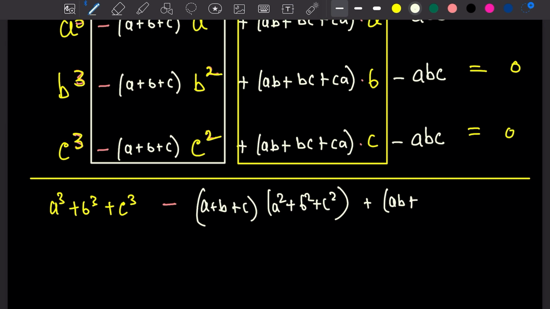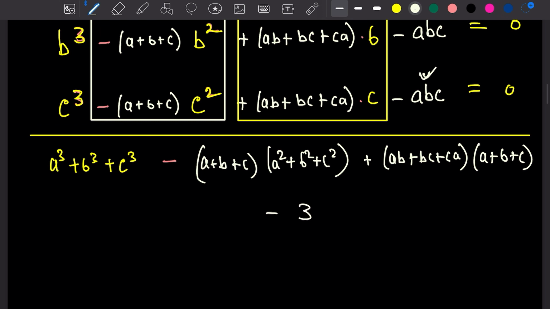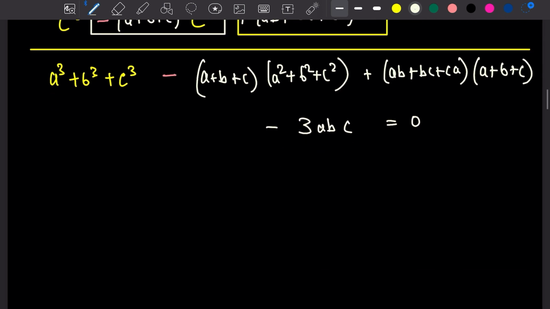And finally, if I add all three of them, it is negative 3abc. It's equal to 0. Okay, so we exactly have what we need. It is a cube plus b cube plus c cube minus 3abc, which is equal to this entire thing.